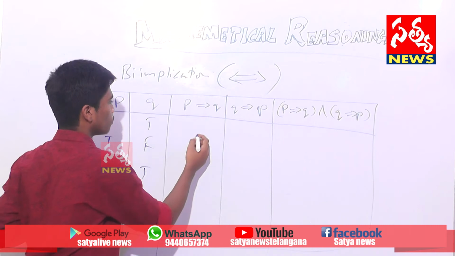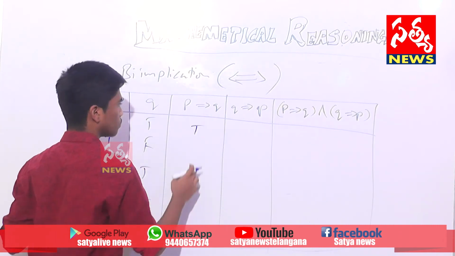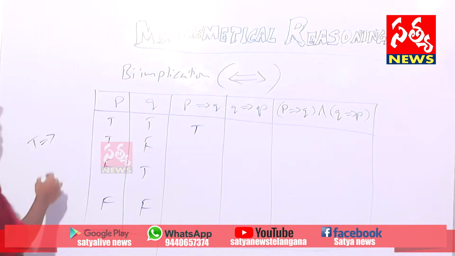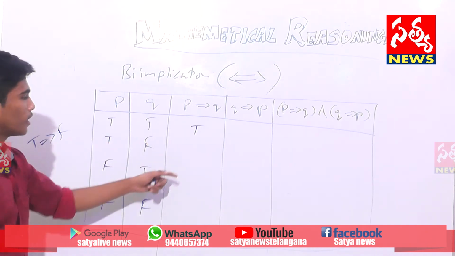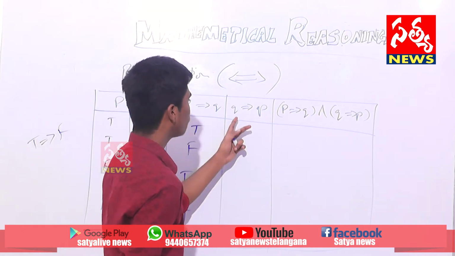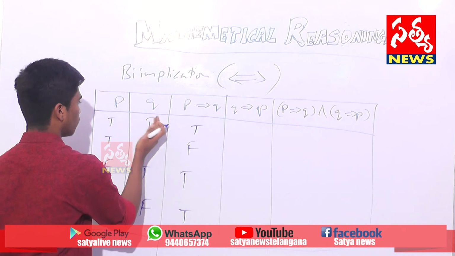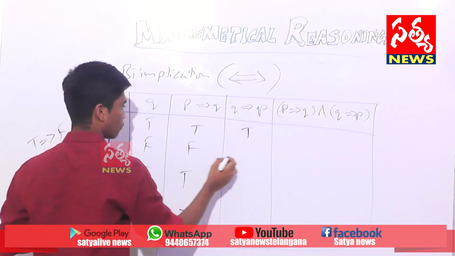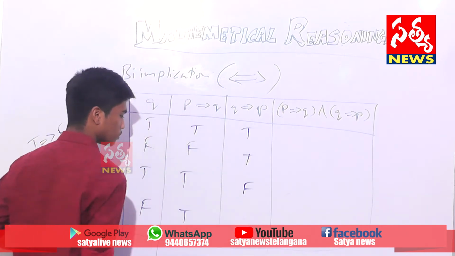Now, true, true is true for P implication Q. True, true, false. As I said before, only for true conditional false we get the false. All others are true. Now for Q conditional P, it means see like this: true to true, which is T, false to true, true, T to F, which is false.